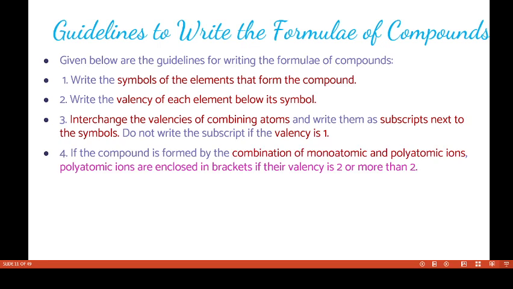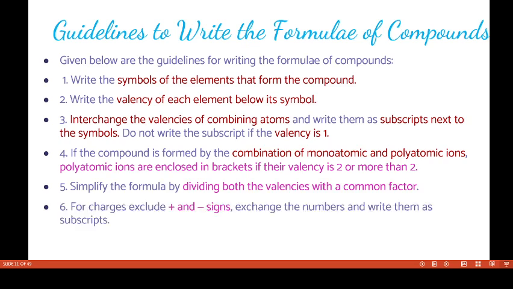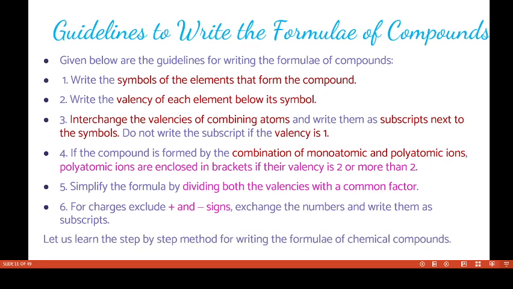Number 4. If the compound is formed by the combination of monatomic and polyatomic ions, the polyatomic ions are enclosed in brackets if their valency is 2 or more than 2. Point number 5. Simplify the formula by dividing both the valencies with a common factor. And point number 6. For charges include plus and minus signs. Exchange the numbers and write them as subscripts.